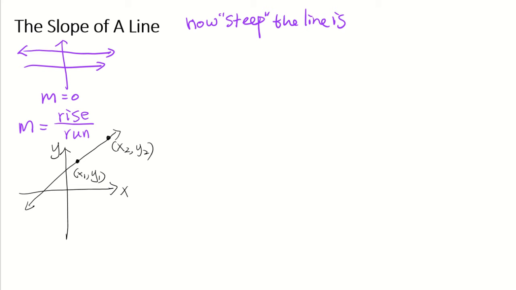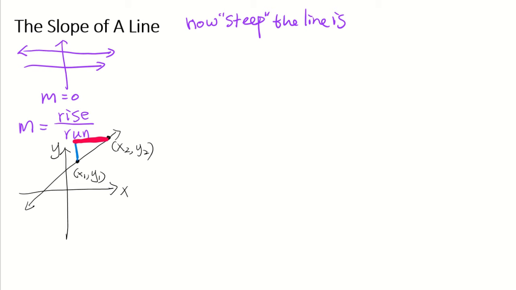Well, the rise over run will be this segment, which is the rise, over this segment, the run. So the blue part will be the rise, and the red one will be the run.